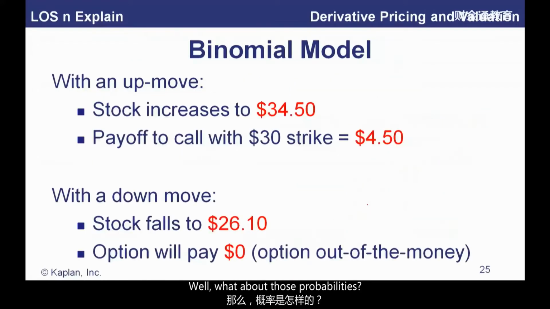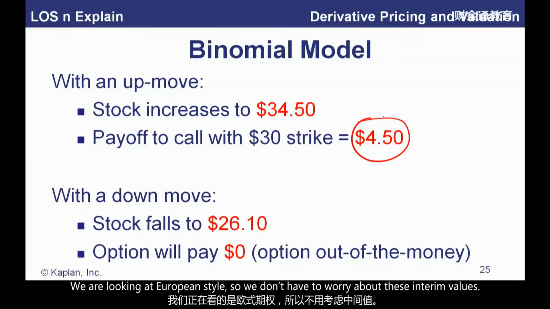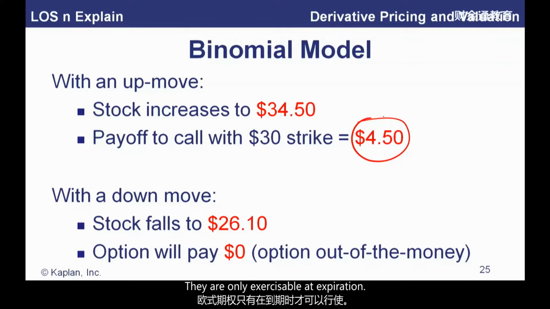Well, what about those probabilities? Well, with an up move, stock increases to $34.50. We've got a $30 exercise price, so that is a payoff on a call option 1 year from today. We're looking at European style, so we don't have to worry about these interim values. They're only exercisable at expiration.